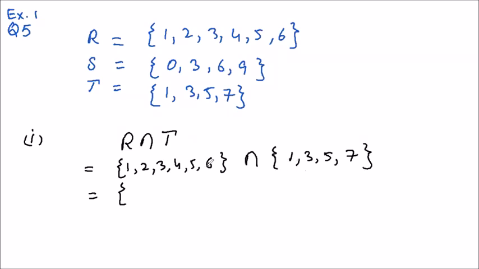So let us see: 1, 3, 5. These are common. So write only the common elements 1, 3, and 5. So this is the answer.